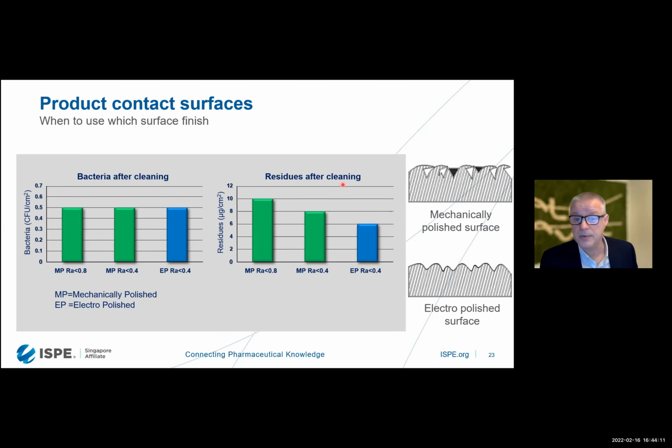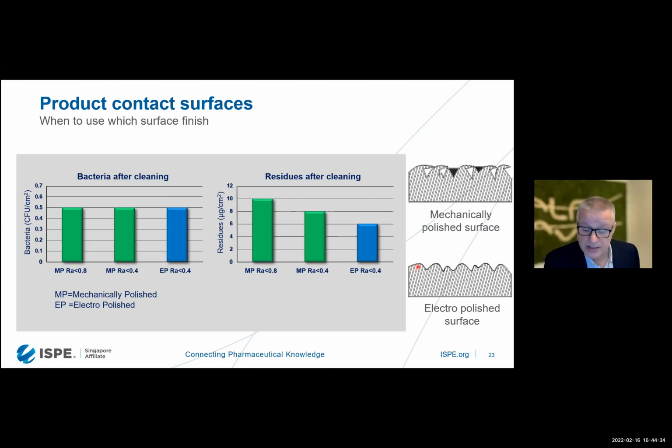Just to say that for some other systems where you are working with smaller particles than bacteria, we could see differences in the particles that were remaining. But what is more important is the difference between mechanically polished and electropolished. We are avoiding the polishing residues in the electropolished surface.